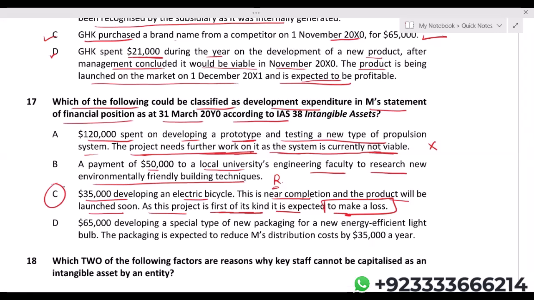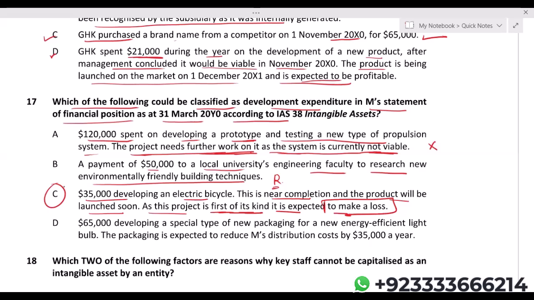If you recall, we said completion of the internally generated intangible asset should be technically and financially feasible. The company has the intention to utilize or sell the asset, and has the ability to utilize or sell the asset. Another point was how the company is going to get the economic benefit from that asset. The company should be in a position to demonstrate how it will get the economic benefit.